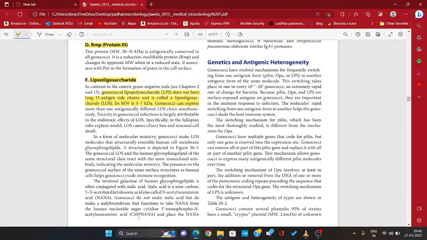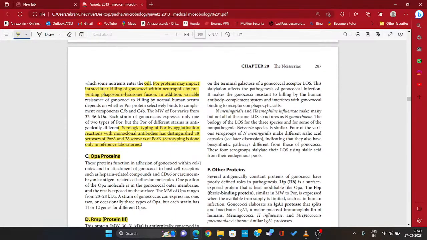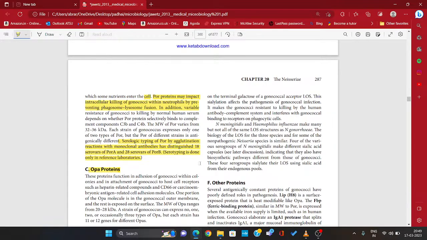Gonococci do not make sialic acid, but do make a sialyltransferase that functions to take NANA from the human nucleotide sugar cytidine 5-monophospho-N-acetylneuraminic acid, CMP-NANA, and puts the NANA on the terminal galactose of a gonococcal acceptor LOS.